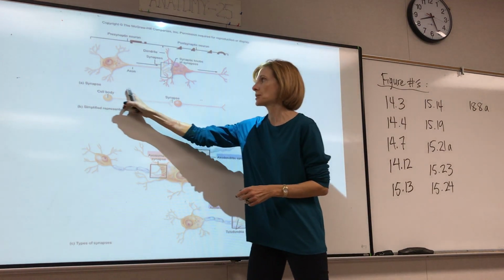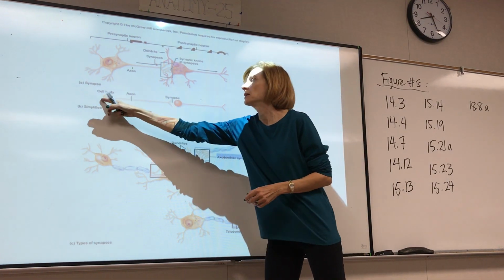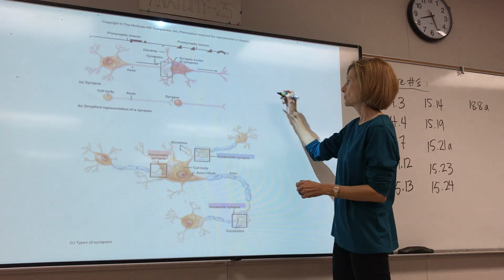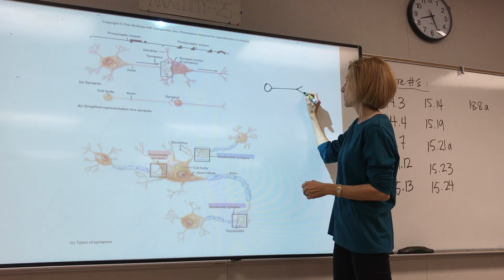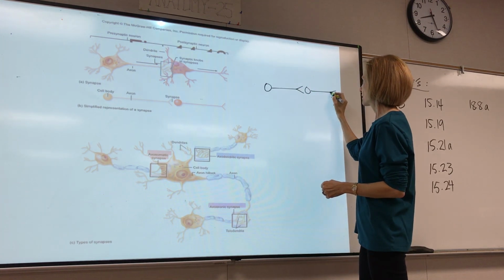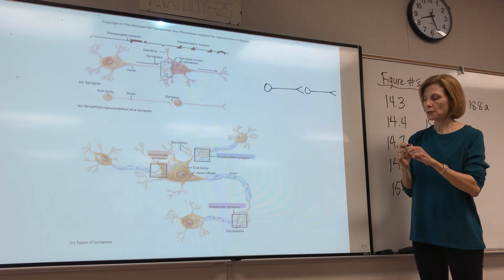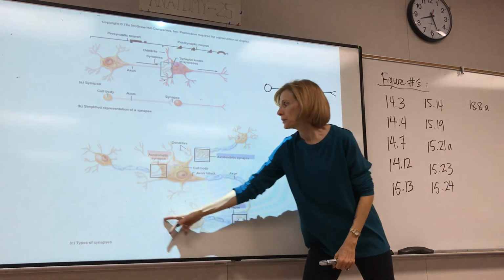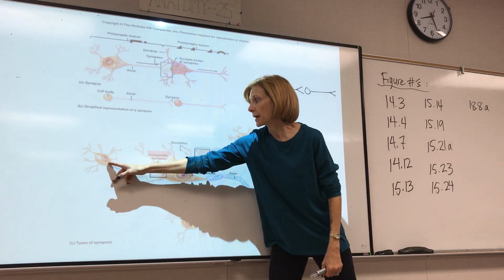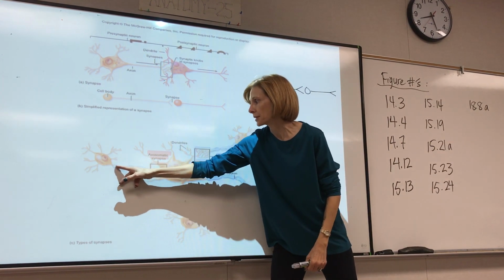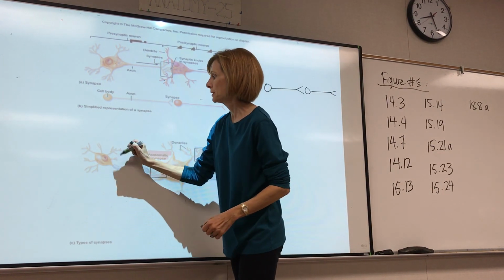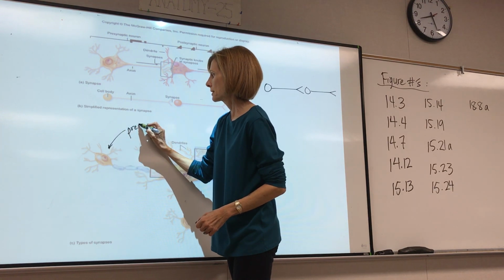This is just a simplified drawing. So again, something that you'll be doing a lot when you take physiology and you talk about a synapse, you just draw your neurons like that because it's easier. Okay, so taking a look here, notice that this axon of this neuron here, this would be our presynaptic neuron.